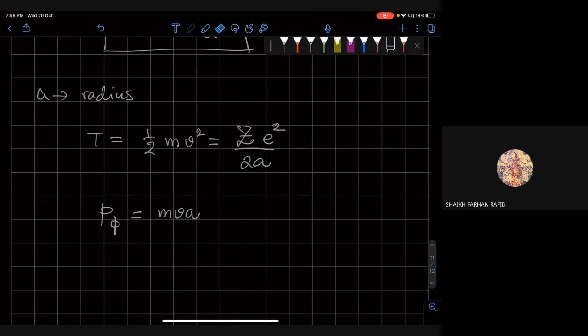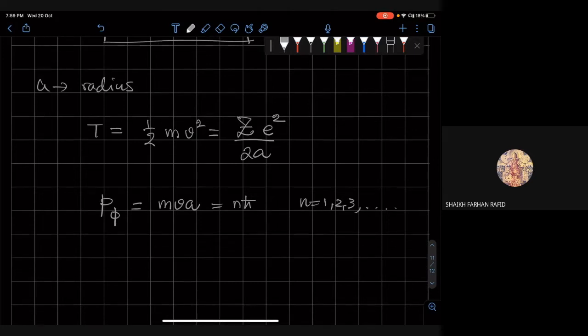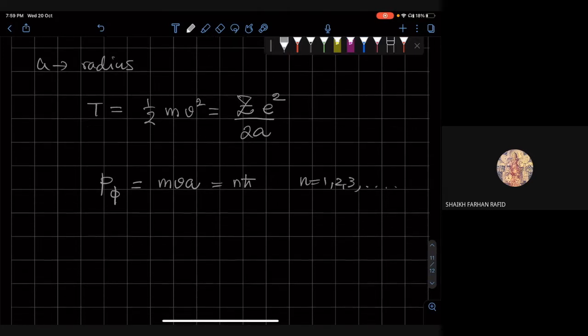Okay? And according to Bohr, this has to be quantized in units of h bar, where n is a natural number. Okay, so now using this, we see that the allowed speeds of the electron are discrete, so we can label it by n, and it's given by n h bar divided by m times a.